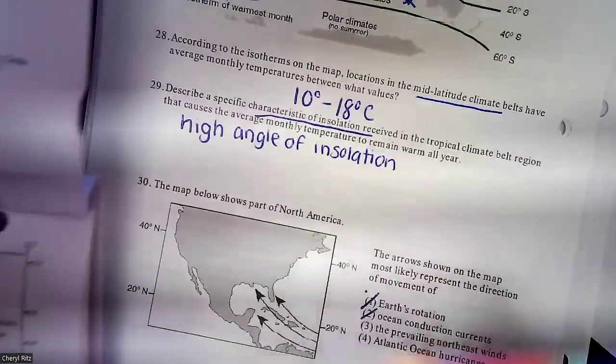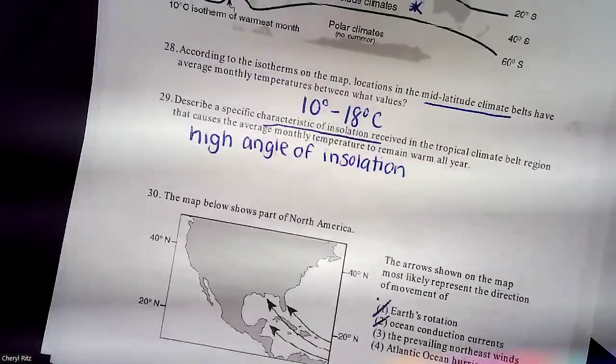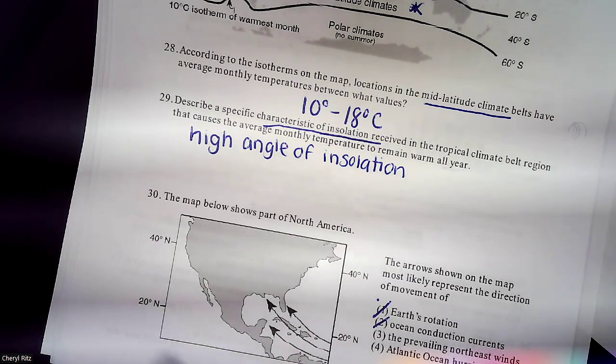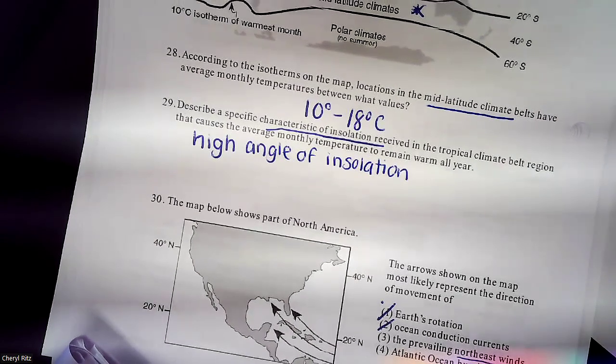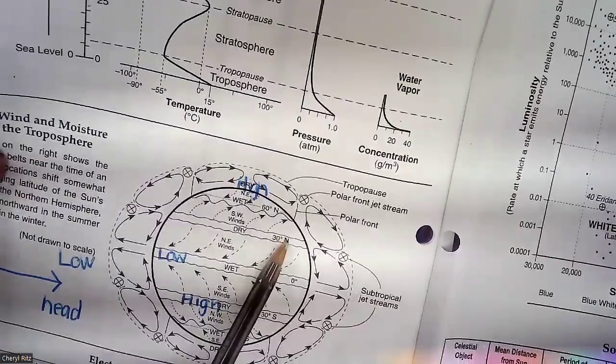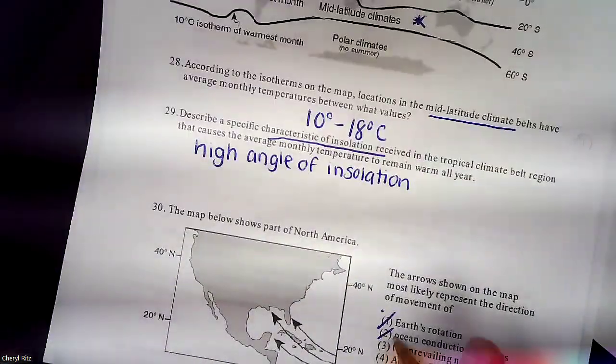No. Are these the prevailing northeasterly winds? Remember, you can either look it up or remember their name for where they come from, northeast. Are these coming from the northeast? No. Also, here are those northeast winds. They are going south and curving over this way. So that is not them.